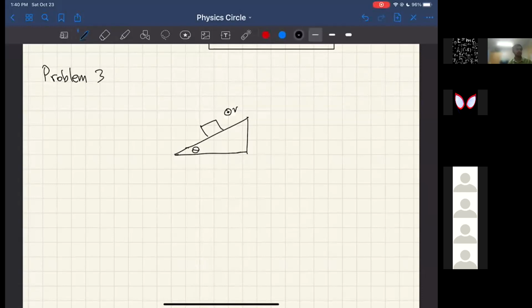So a banked track means that you want to imagine that this sort of thing is made into a circle. And the car is, so imagine a race car, right? It's going in a circle, but the circle has an incline of theta. That's how you want to imagine this.